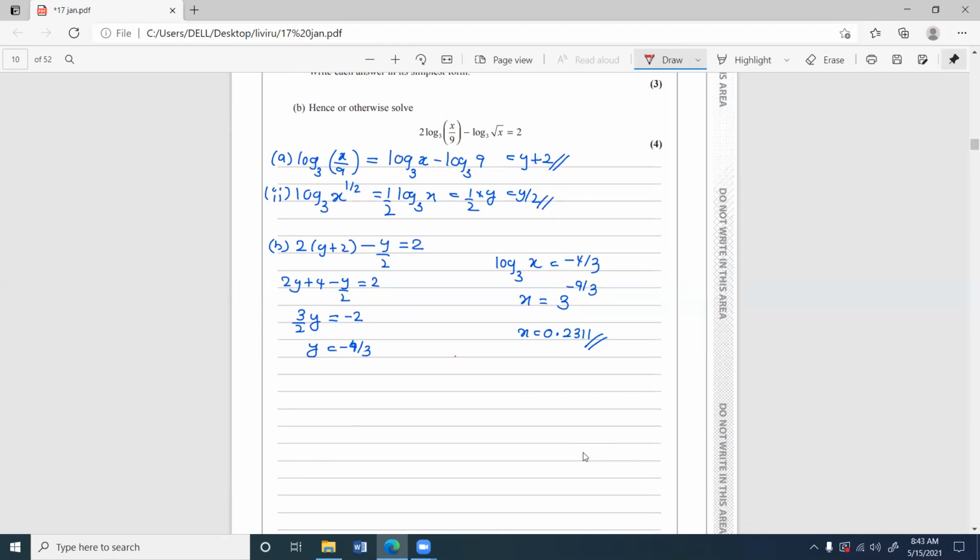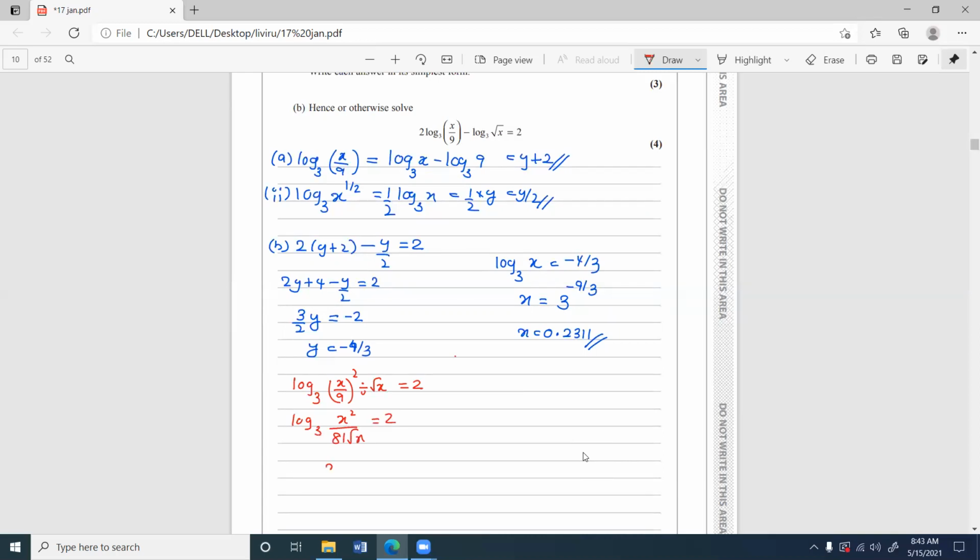Yes. Then you can see, if you simplify this, log 3, these two you can take in and write it as a power, x over 9 squared. This minus you can write as a division over logarithm x is equal to 2. So with this you can write log 3 of x squared over 81, divided by square root of x, is equal to 2.